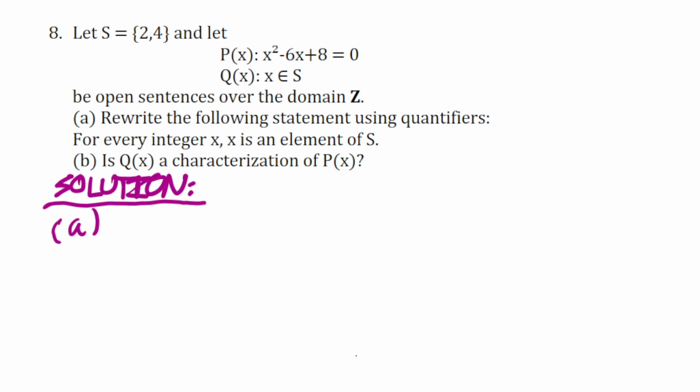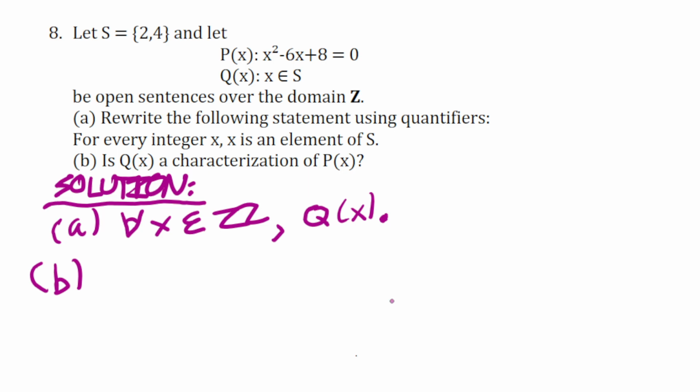The statement we're given is for every integer x, so we will use the universal quantifier. So for every x that's an integer, x is an element of S. Well, that's just Q of x put in words, so we can just say Q of x. And that's a simplified, rewritten statement using quantifiers.